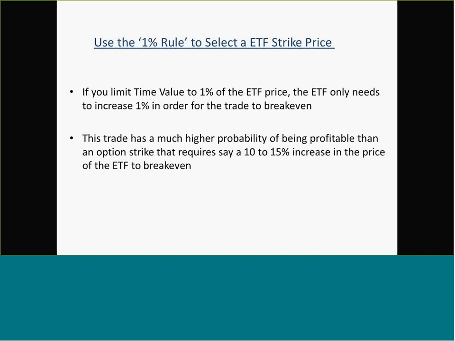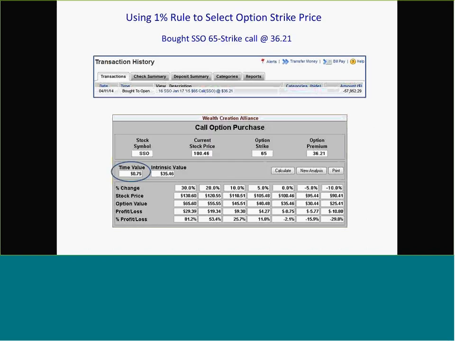So here's an example. My brokerage confirmation shows I bought the January 65 call at 36.21, and at the time SSO was trading at 146.